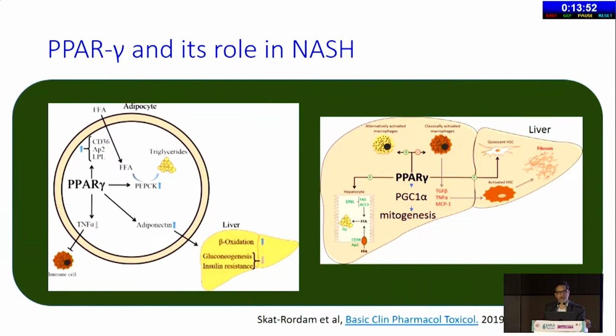In the adipose tissue, it improves insulin sensitivity, and it does this by increasing adiponectin. Adiponectin is also a target for FGF21, so it shares that in common with FGF21. And adiponectin then can affect the liver and produce benefits in the liver.